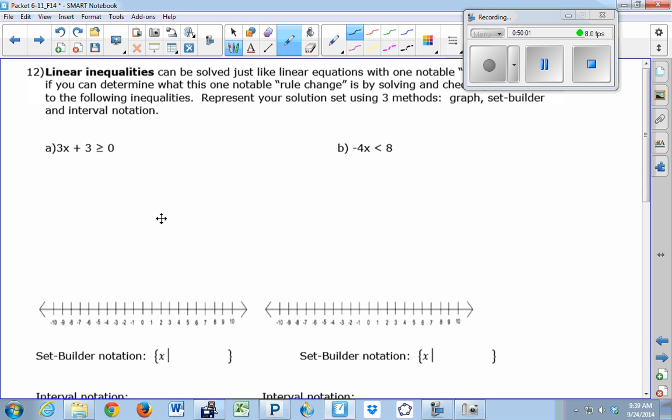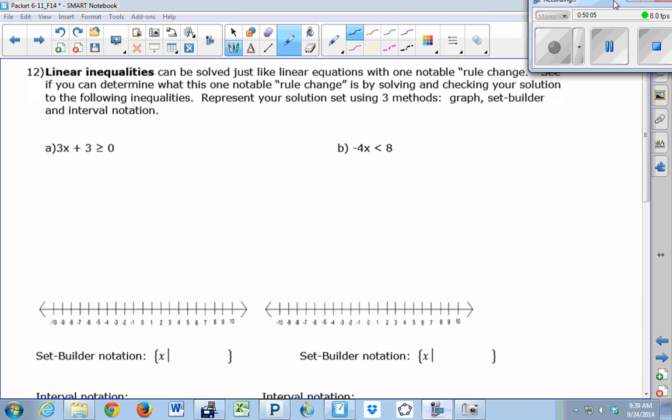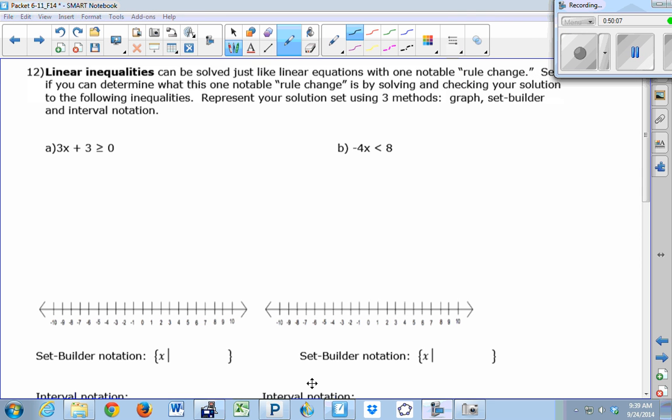So does anybody remember how we solve linear inequalities? Yeah, Bree? So you approach it just as if it were an equation, right, by subtracting 3. So she's saying, I need to still solve for x. I'm just going to subtract 3 from both sides.